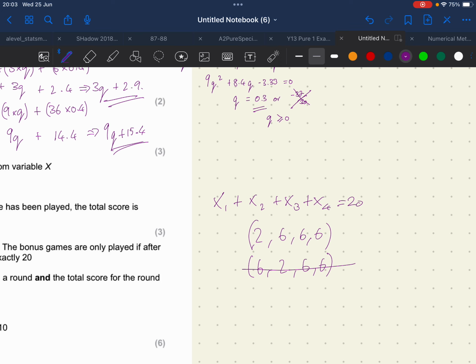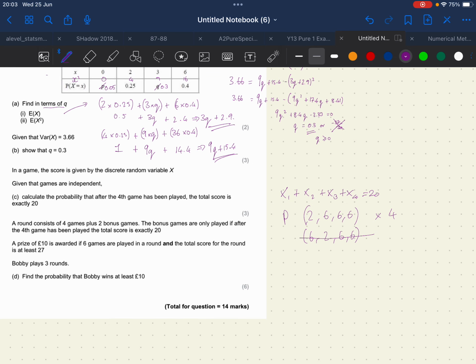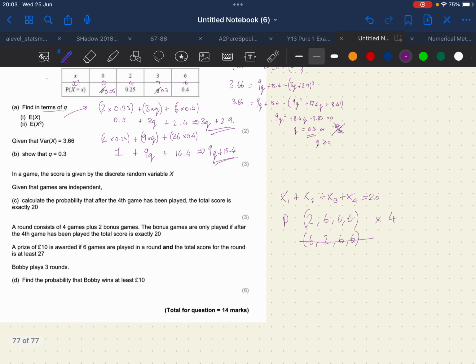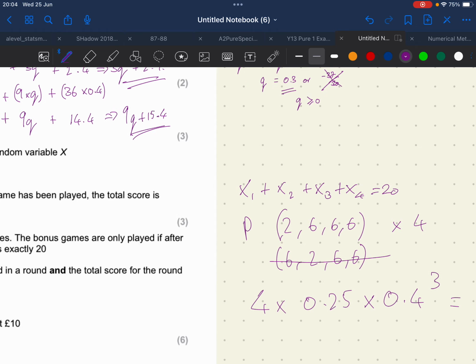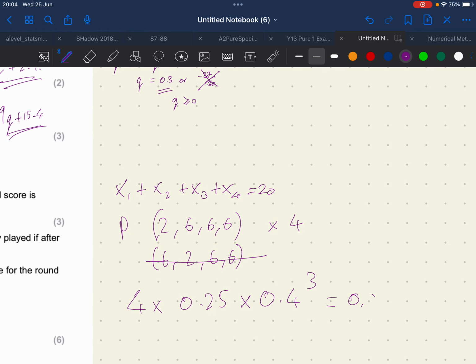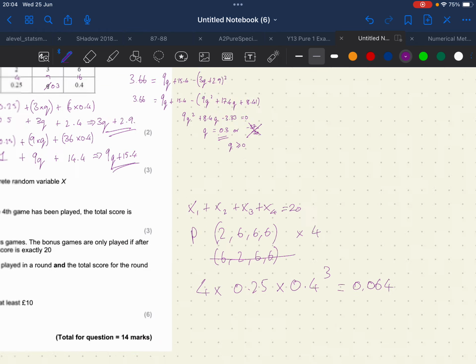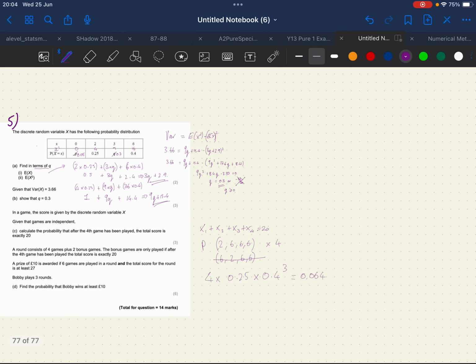So we just do the probability of that and we multiply it by 4. So the probability of a 2 is 0.25 times the probability of 6 is 0.4, 3 times, and we have 4 of them. So that's the calculation that we're going to do, which is 0.064. So that's the probability that you get 20.